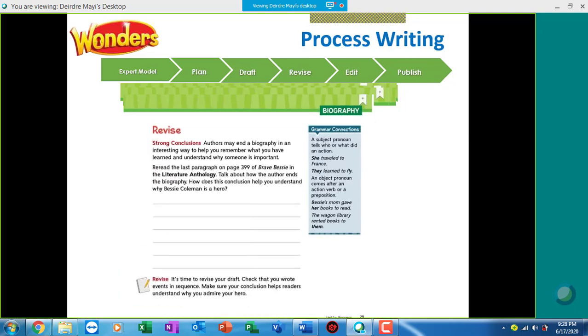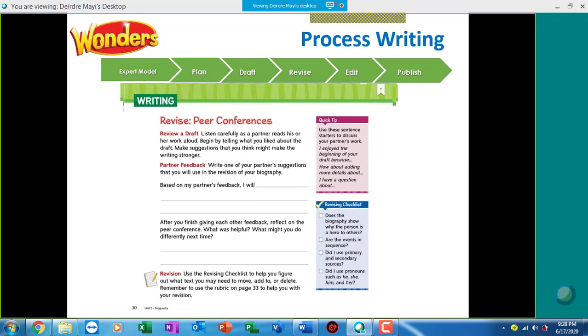The students will revise. And we always remind the students of the grammar connections. Grammar is not something that students are going to be learning in isolation. Grammar always works in service of the writing that the students are doing, and it's always very meaningfully attached.